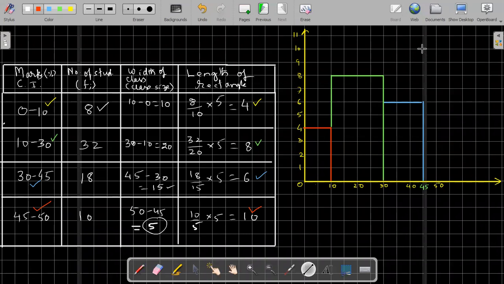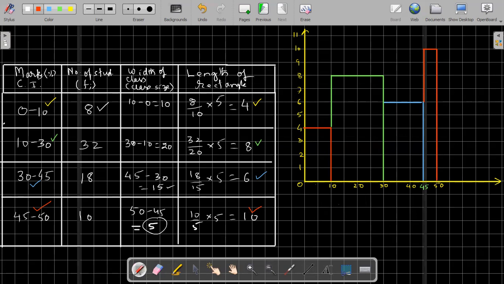This is small, 45 to 50. This is your bar graph.